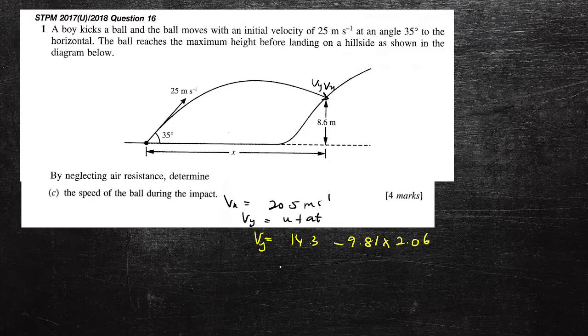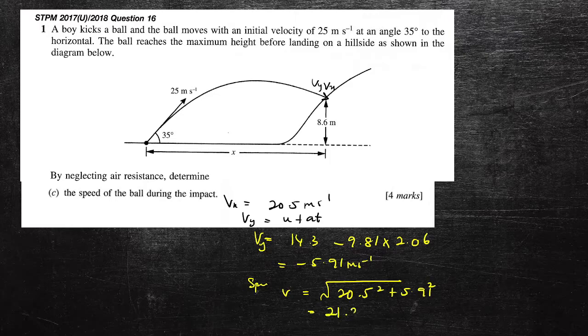This is vy, which equals negative 5.91 meters per second. So the speed v equals the square root of 20.5 squared plus 5.91 squared, which equals 21.3 meters per second.